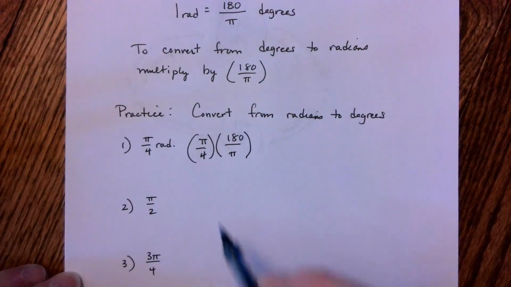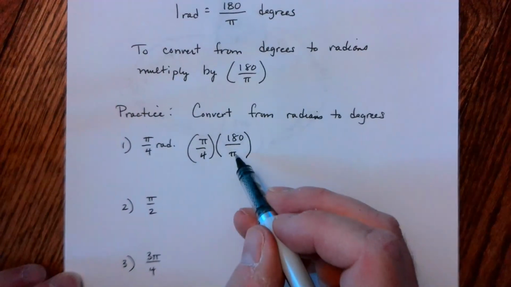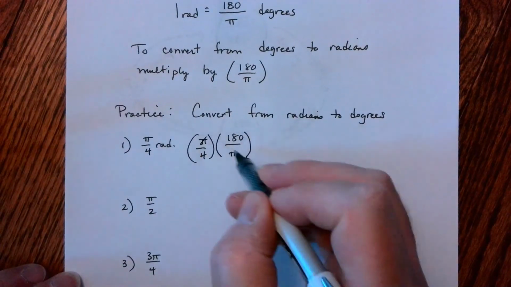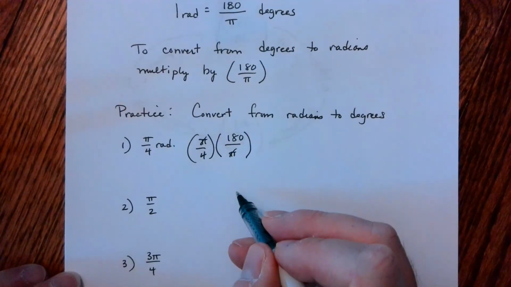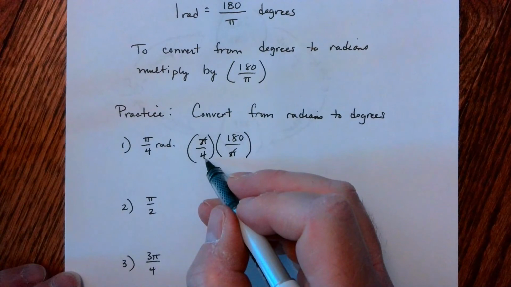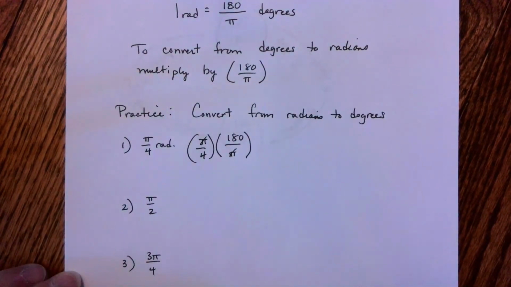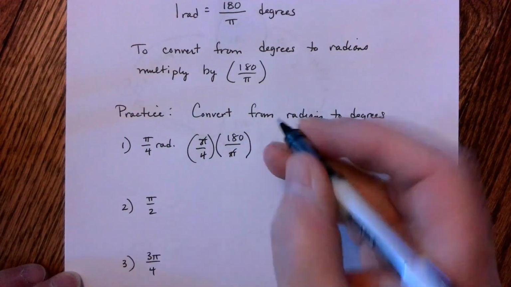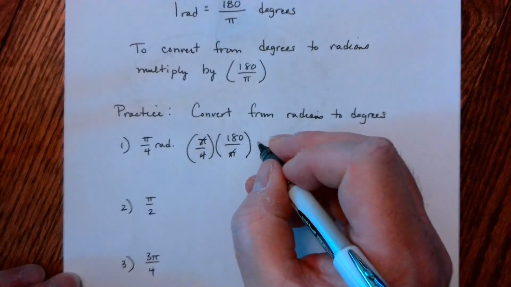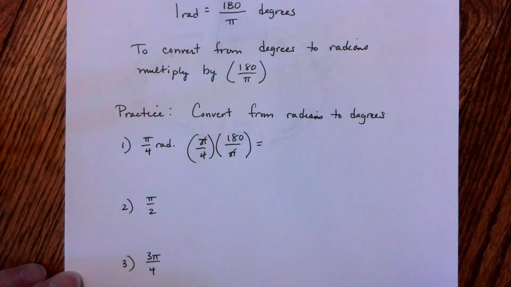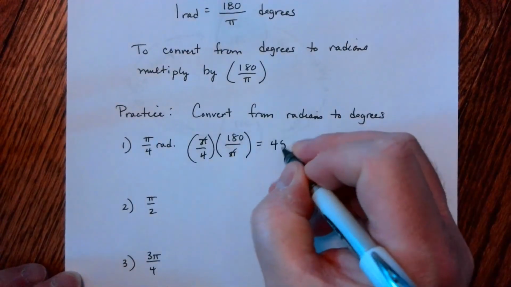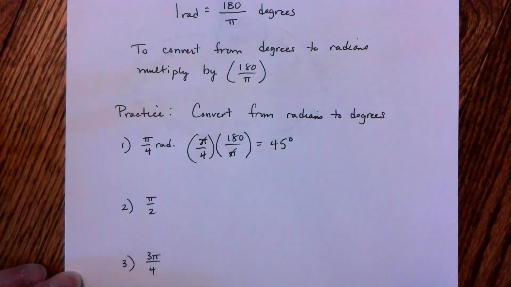Okay, why did I multiply? I took my radians and multiplied it times 180 over pi. The pi's, as you can see, are going to reduce. 180 divided by 4, well, what does that work out to be? 45, correct? So this would be 45 degrees.